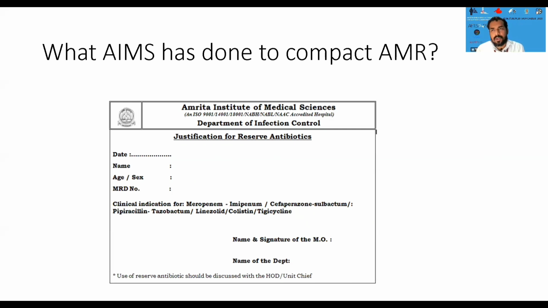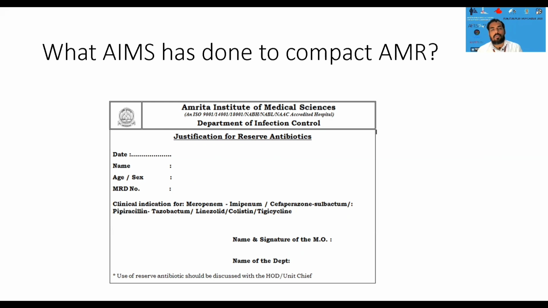So in this scenario, to give you a practical view of what a person or an institution can do, I will briefly mention what Amrita Institute of Medical Sciences has done to combat antimicrobial resistance. We started the antibiotic stewardship program back in 2013.